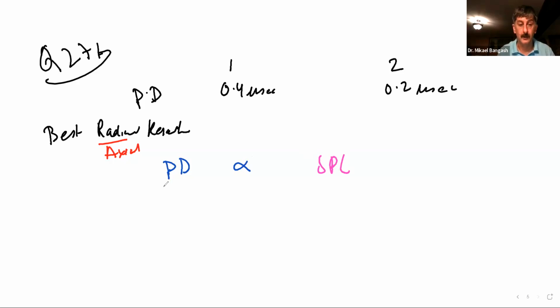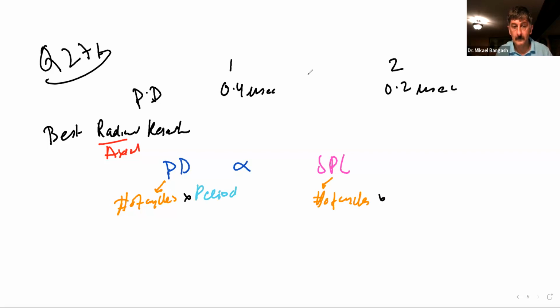If you still don't get it, let me refresh your memory. Pulse duration is the number of cycles multiplied by the period. Spatial pulse length is the number of cycles multiplied by the wavelength.